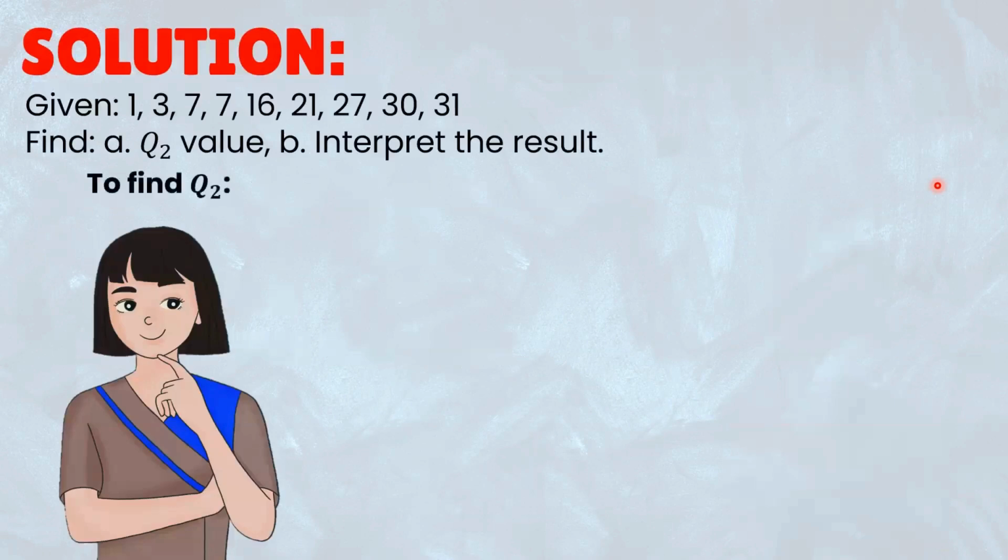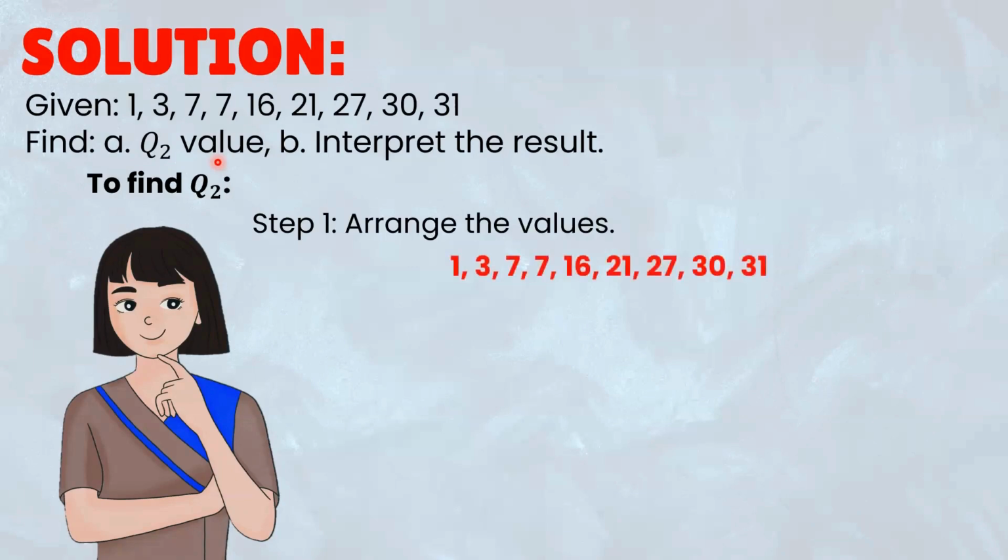Okay, so first let's find the quartile 2 value. For step 1, we have to arrange the values. So we have 1, 3, no problem because the values are already arranged. So we simply copy 1, 3, 7, 7, 16, 21, 27, 30, and 31.